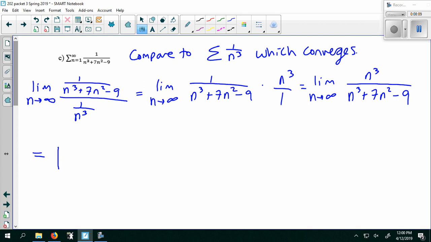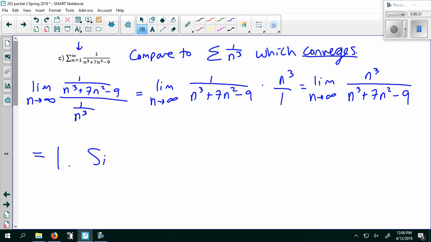Now, the limit comparison test says that that limit has to be finite and non-zero. And if that's the case, if you get a finite non-zero limit, then the two sums have the same behavior. The one you don't know has the same behavior as the one you do know.